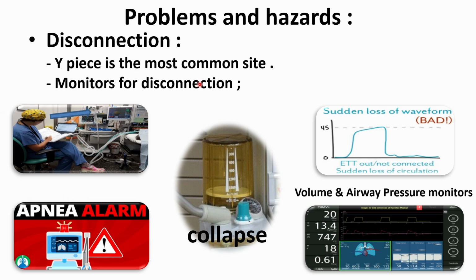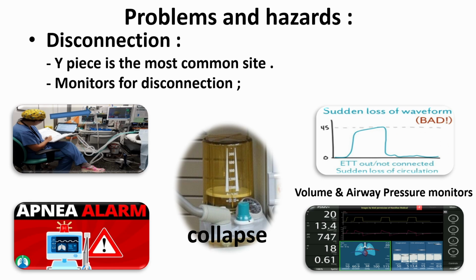The bellows: collapsing bellows, only in an ascending bellows, or sudden loss of waveform in the capnograph. As I said previously, the capnograph is the most important monitor in the OT, and sudden loss of waveform could be two differential diagnoses. The first one is a disconnection, and the second one could be arrest. And finally, volume and airway pressure monitors.